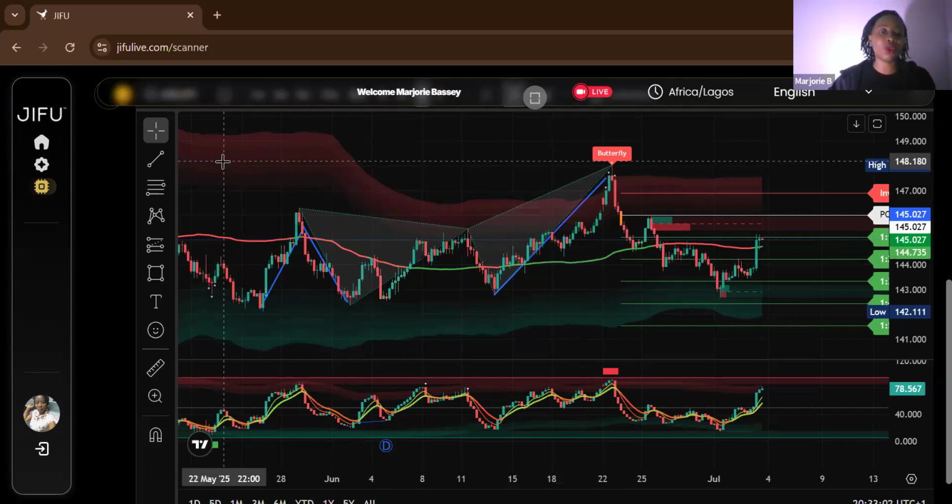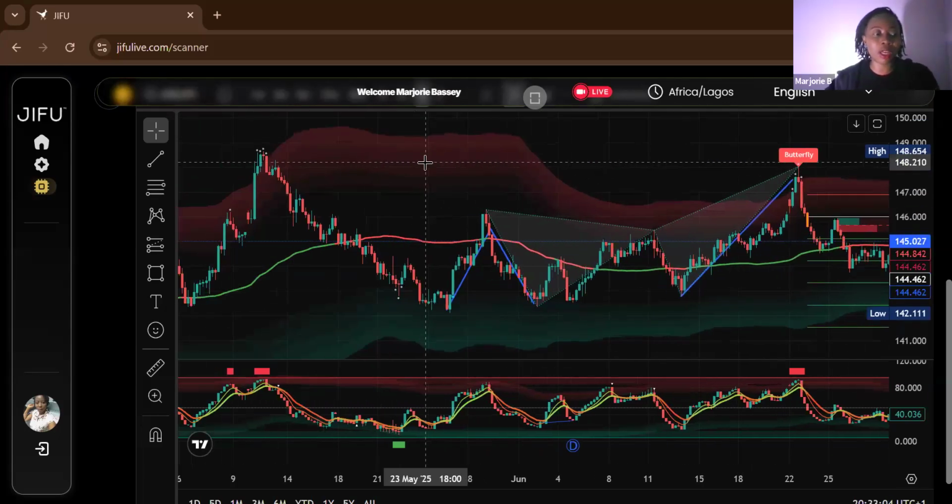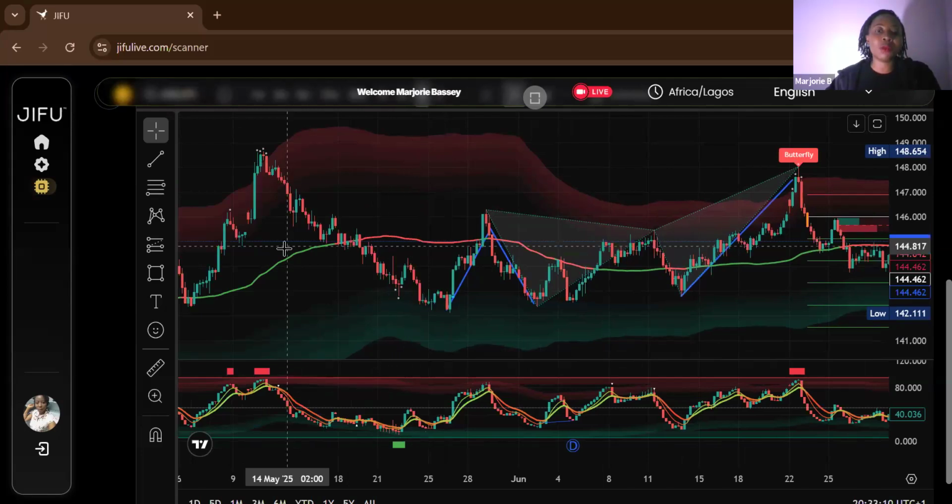So let's go to the bearish at the same time. When you click on this EMA here, the green line changes to red. So when you click, you notice the structure of the market at this point is actually bearish.